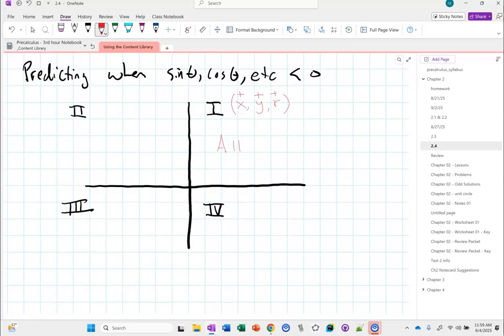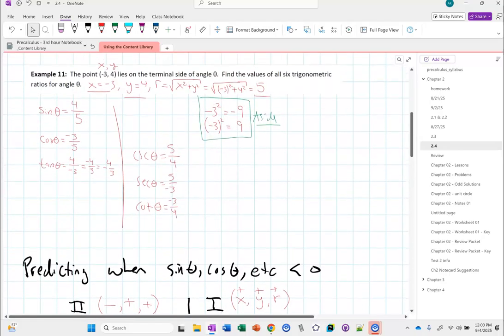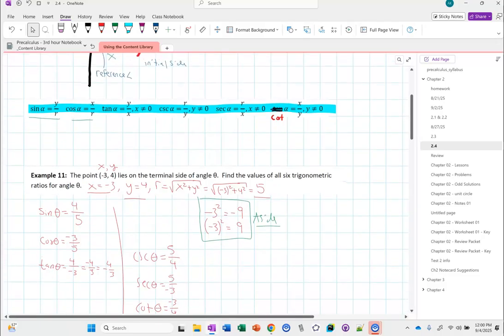Is that okay? In the second quadrant, the x-coordinate is negative, because now we're going left, but we're going up, so the y-coordinate is positive, and our r is always positive, because it's a length. So if I go back and look at my formulas, any of these that have an x in it are going to be negative, right?